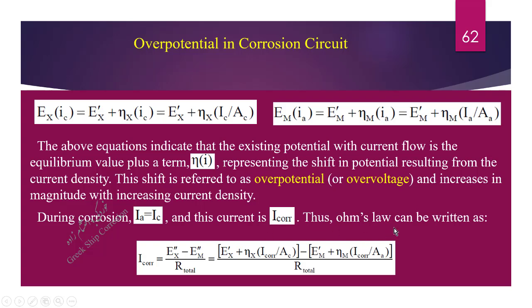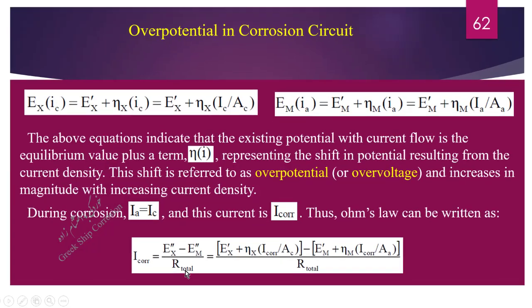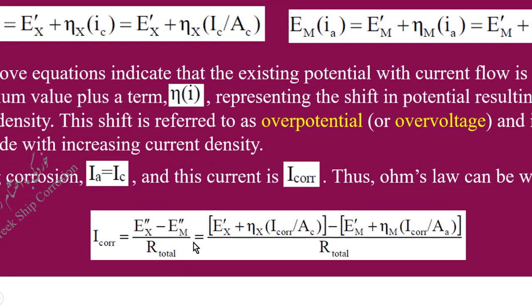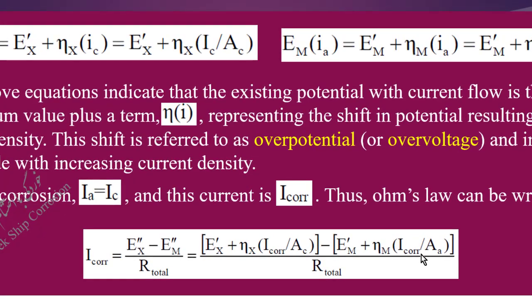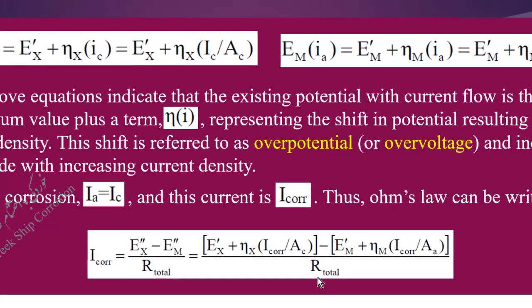Thus, Ohm's law can be written as I corr equals E double prime x minus E double prime m divided by R total equals E prime x plus eta x times I corr divided by AC minus E prime m plus eta m times I corr divided by AA, divided by R total.